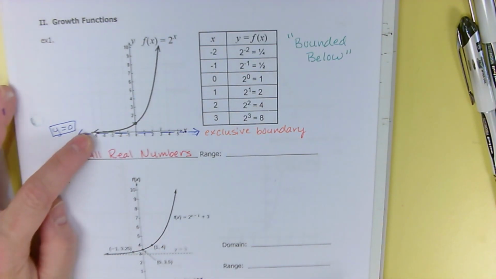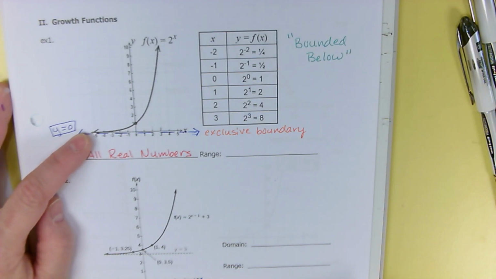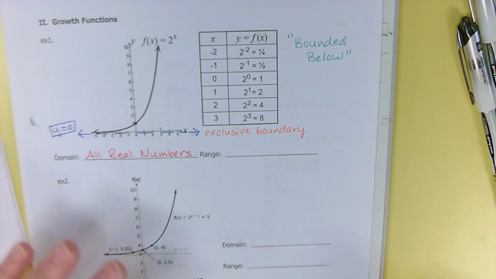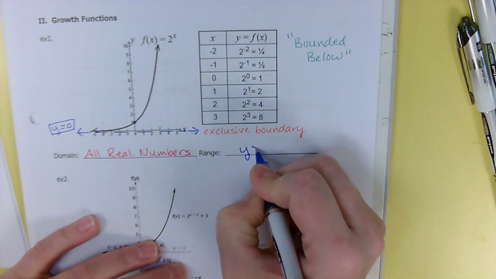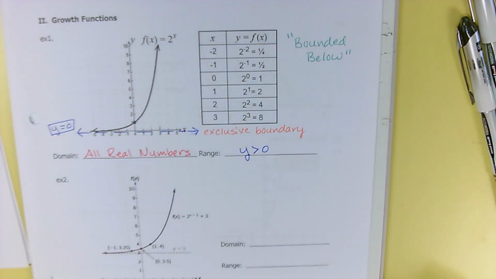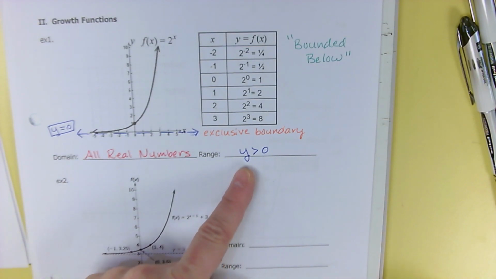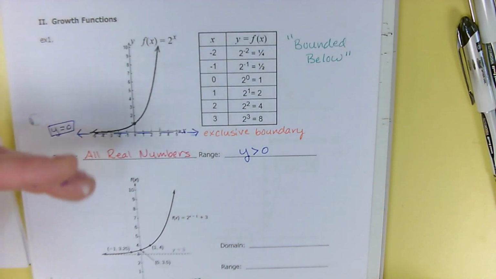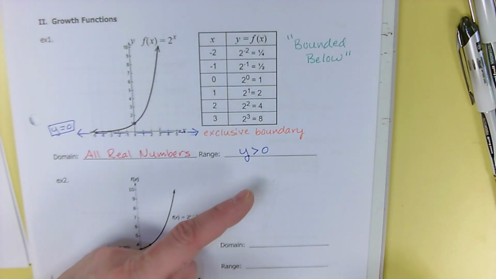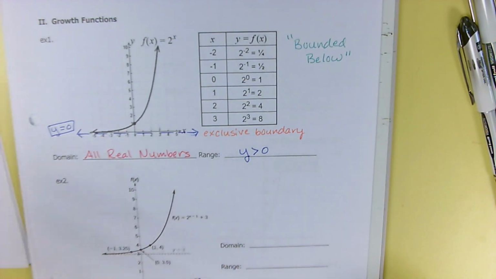It gets close to 0. The y values get close to 0, but they're never actually 0. So your range is y is greater than 0. Not equal to 0, because it never touches, but definitely greater than. So it goes above 0. So it can be super close, like 0.0001 or 0.0005. It just won't actually be 0.